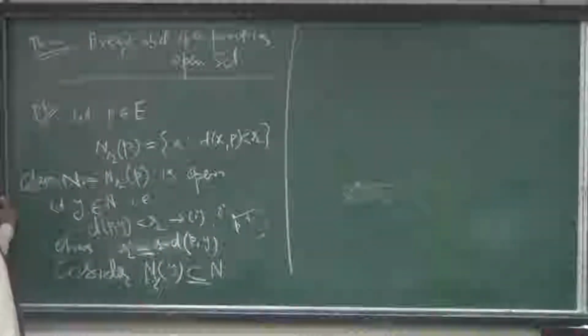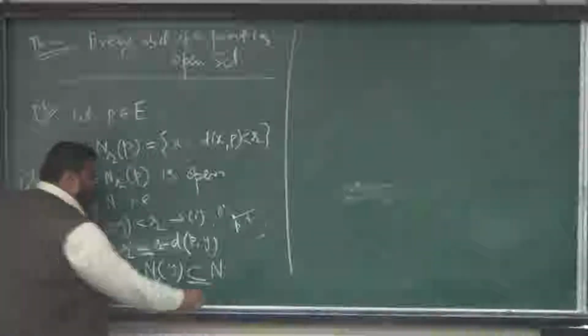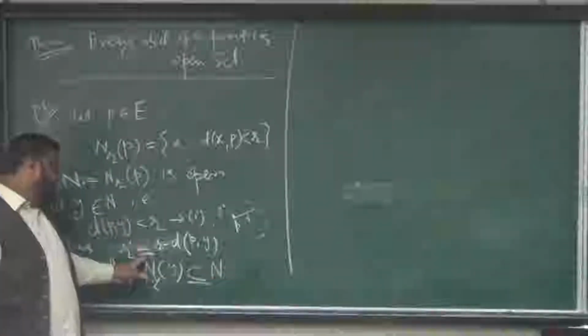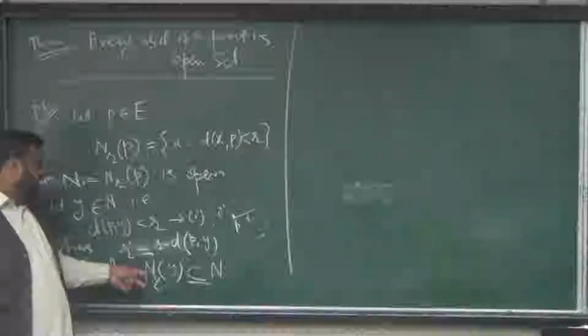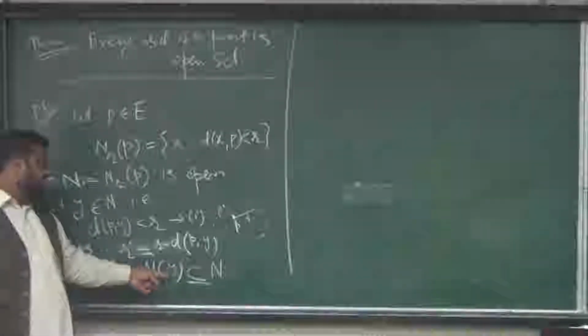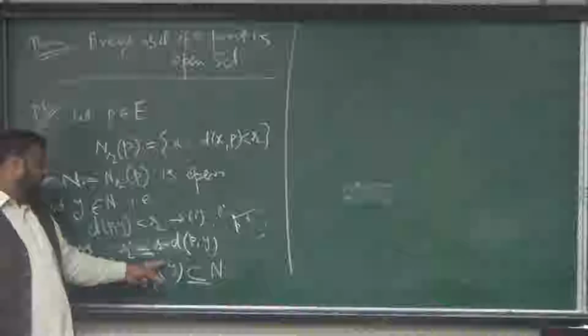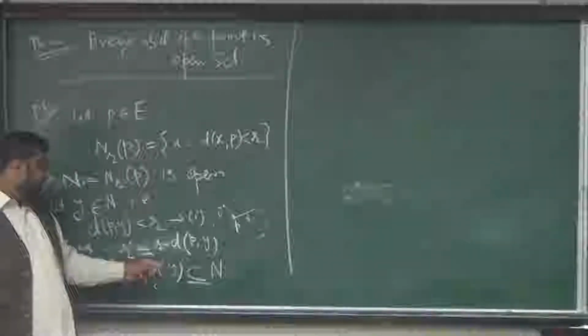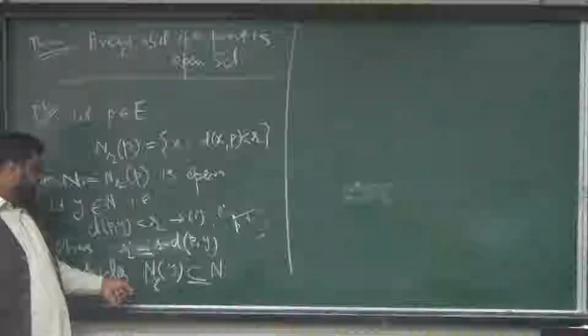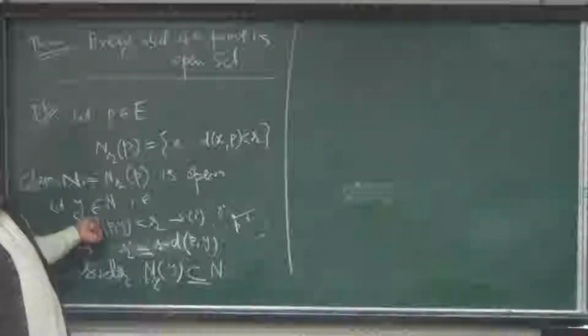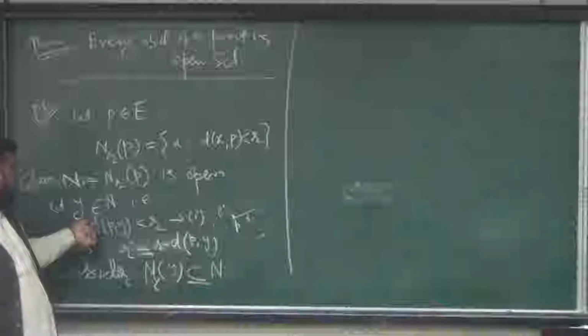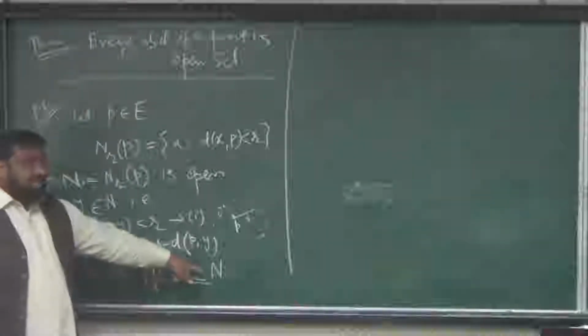So we need to prove it. If this is really entirely contained in N, this is going to show that Y is an interior point of N. We took the Y and we have shown that Y is an interior point of N.